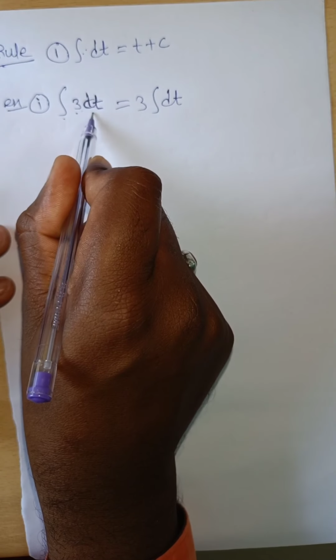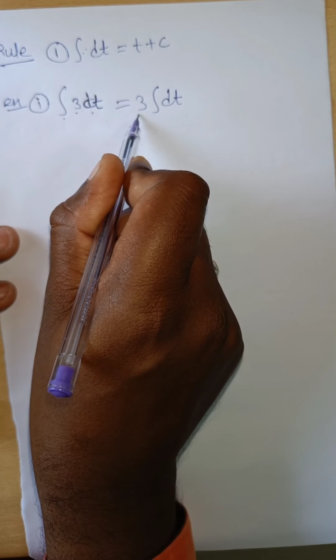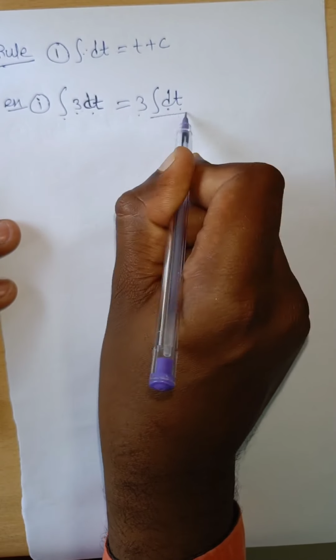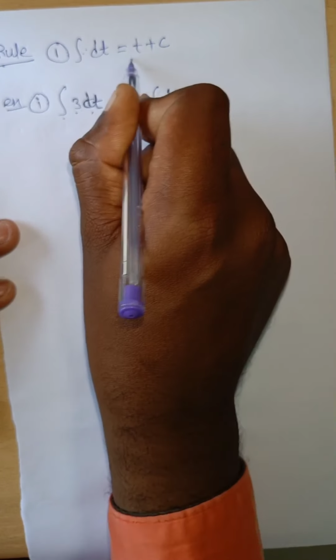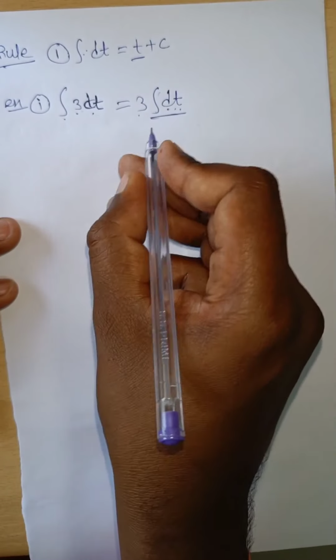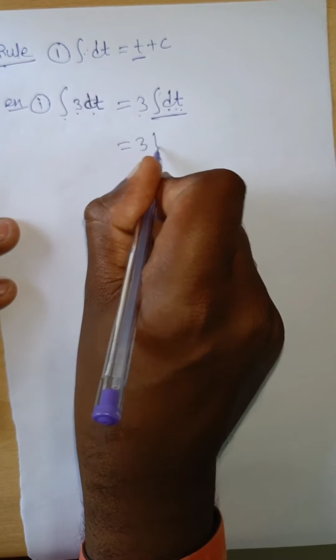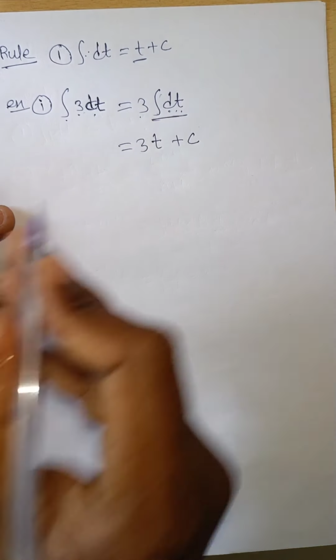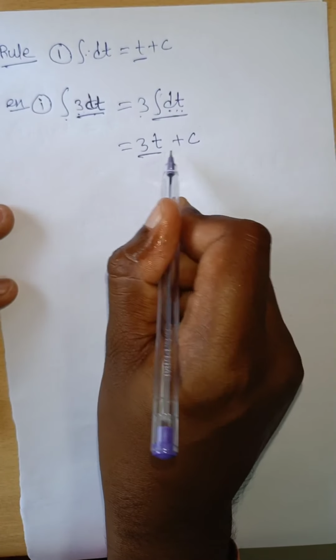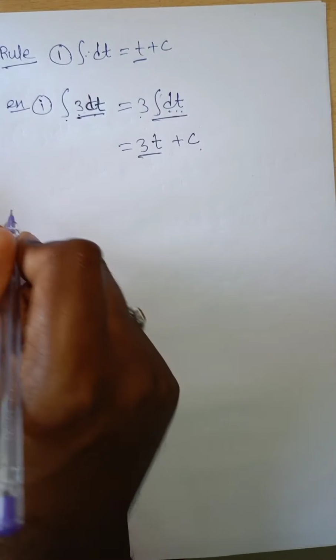You know that integration of dt is nothing but t, therefore 3 into t plus some constant c. Therefore integration of 3 dt is 3t plus c.